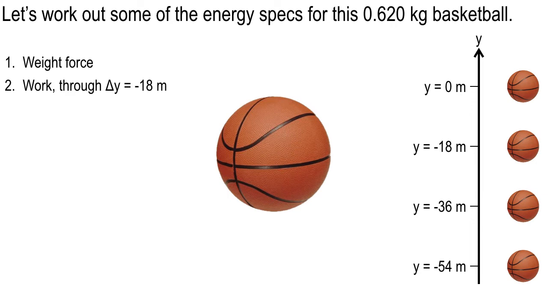We're going to calculate the work through a drop of 18 meters, so delta y for us is going to be minus 18 meters. Then we're going to figure out the corresponding change in the kinetic energy by calculating force times delta y, and then think it over.